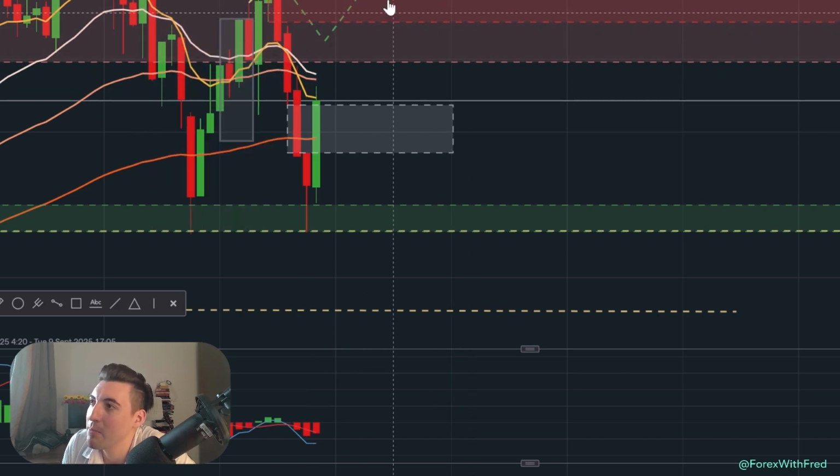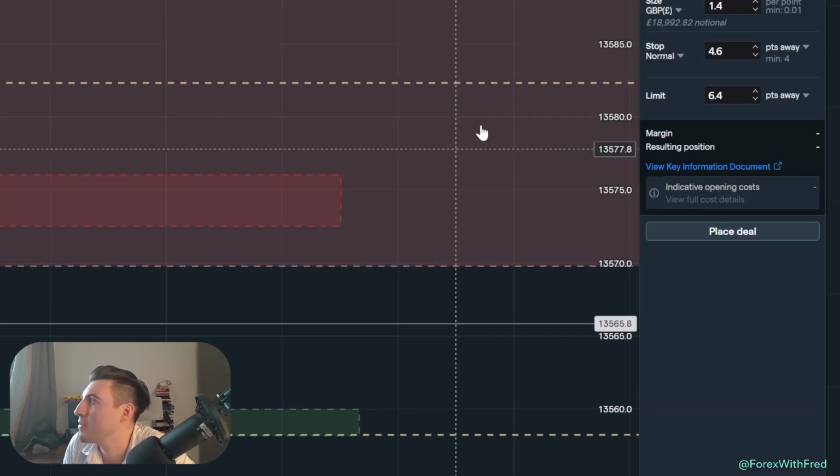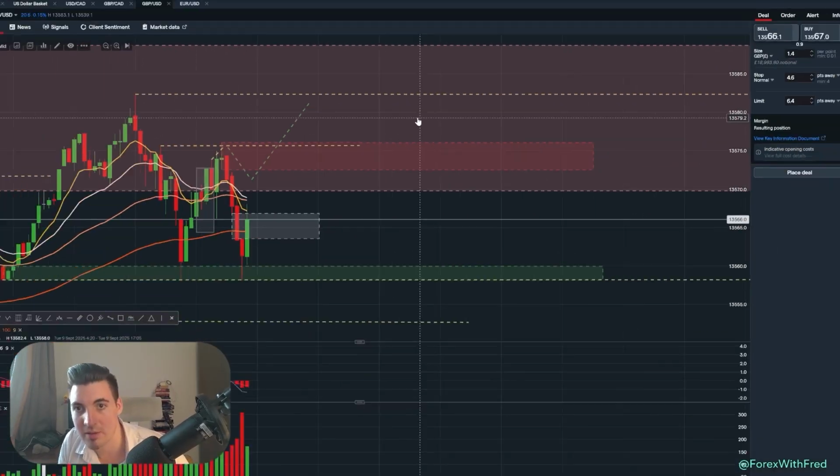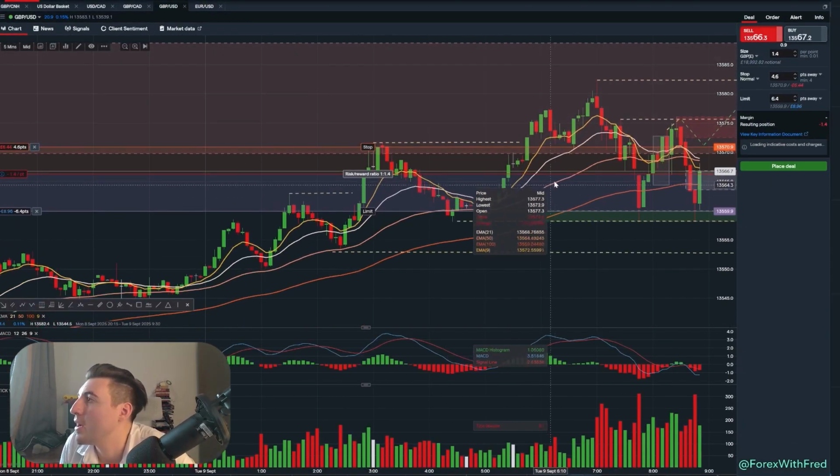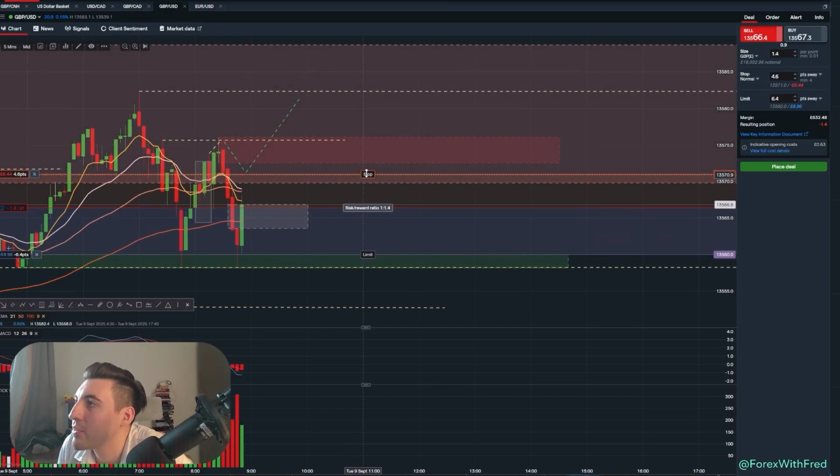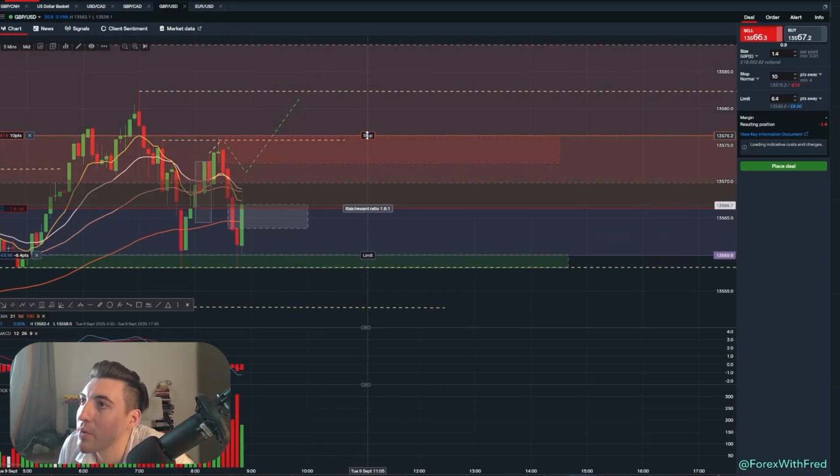Once it likely maybe reaches back up here, I don't think it's going to. I'm hoping it doesn't surpass this supply zone.